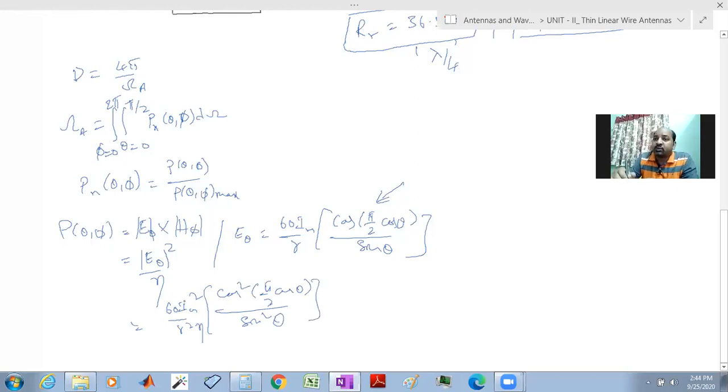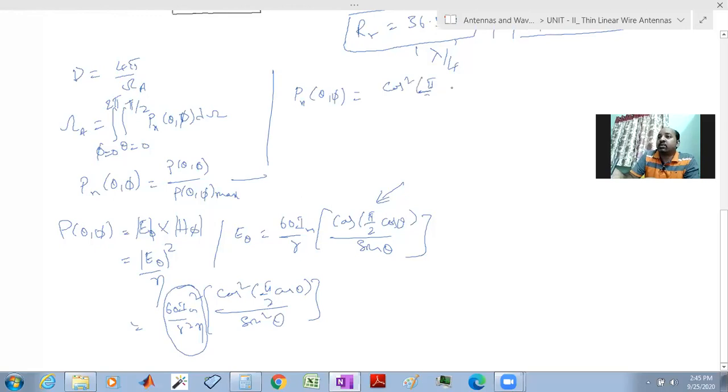Take the maximum value and substitute it in this equation, and you will get the normalized power P_n(theta, phi) equal to cos square(pi by 2 cos theta) divided by sine square theta. So this is the normalized power.